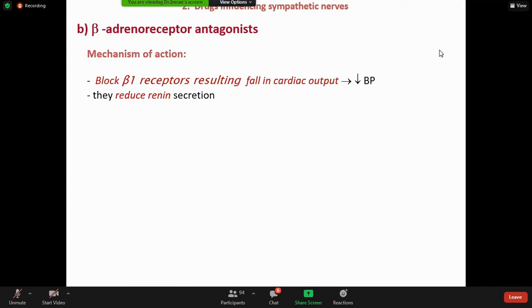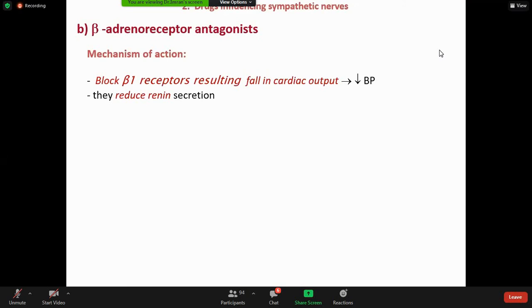Now we control the cardiac activity, because predominantly on the heart, beta 1 receptors are located. When beta 1 receptors are stimulated, they increase the cardiac activity by increasing contractility and by increasing heart rate, right?